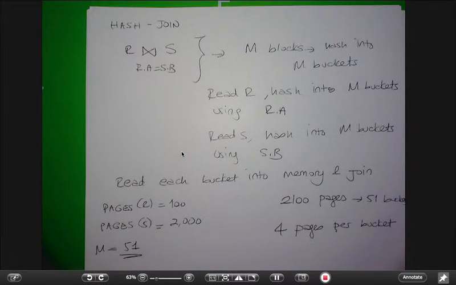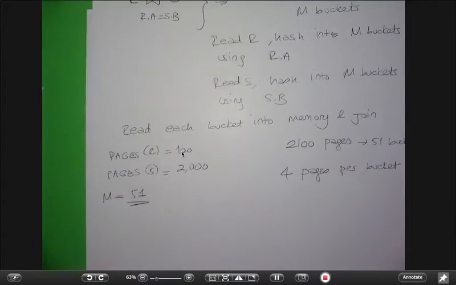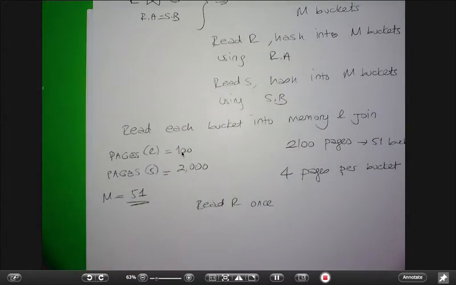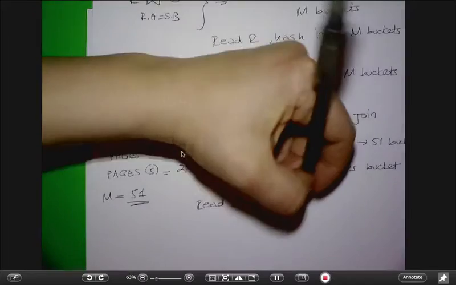So if I actually have done this, is it possible for me to read a whole bucket and then do the join within here? Yes. I have 50 pages. I can read 4 pages for sure, right? So that means I can basically read R1s, hash and write, right?